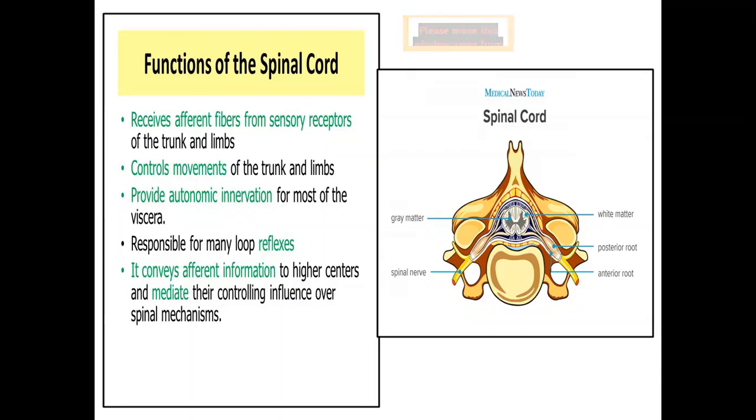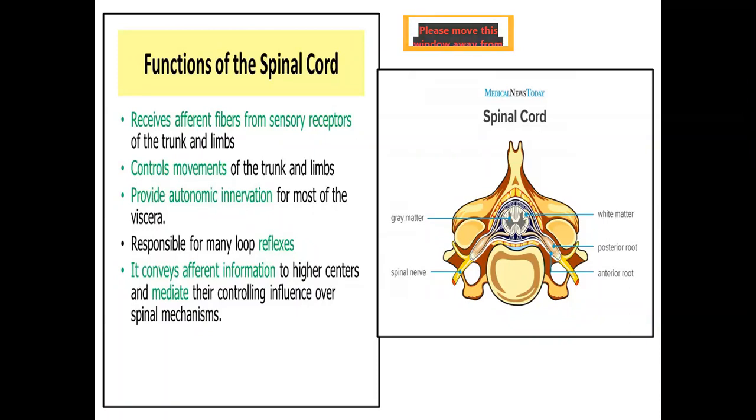This is the main function of the spinal cord, and also it is the center for many reflexes, students. We will be learning about reflexes also in our next slide. But before going to that, let me give you one example. Suppose a mosquito is biting on your right hand, what happens?